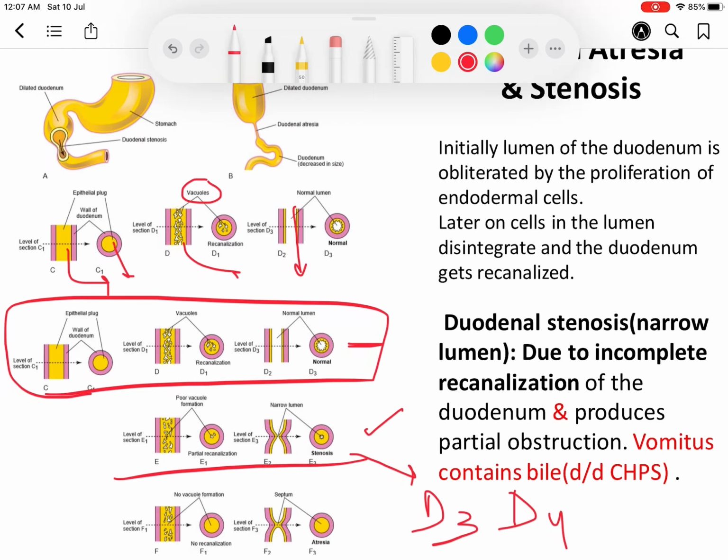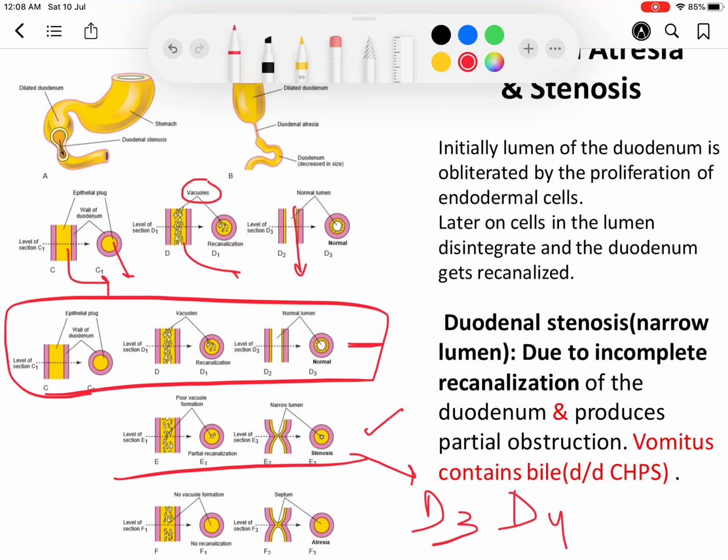So we can differentiate duodenal stenosis from congenital hypertrophic pyloric stenosis, because in congenital hypertrophic pyloric stenosis the obstruction is proximal to the opening of the bile duct. That's why the vomitus doesn't contain any bile.